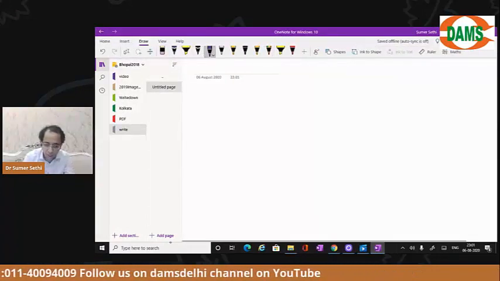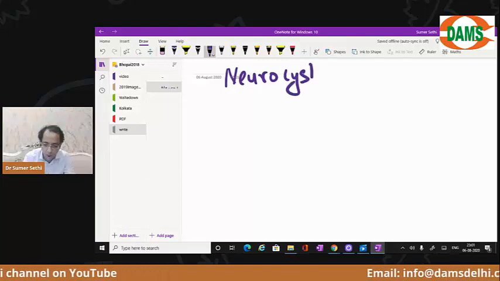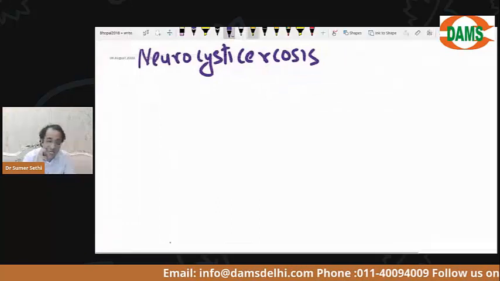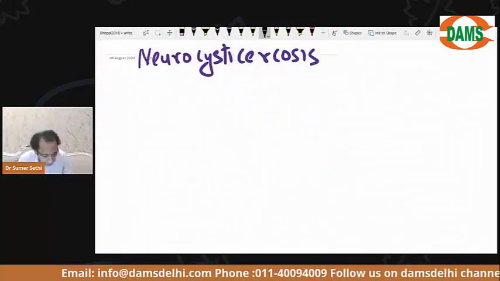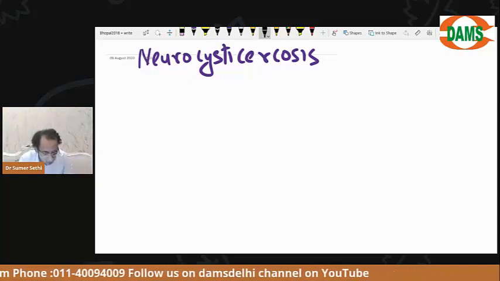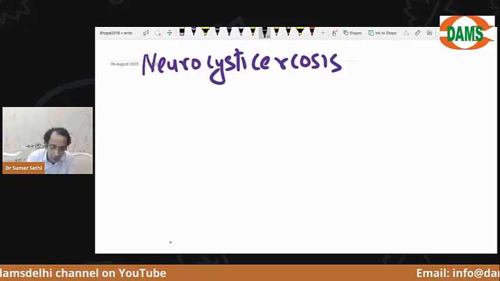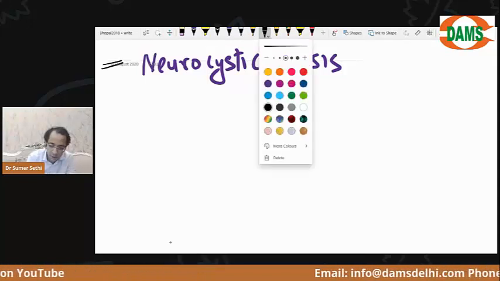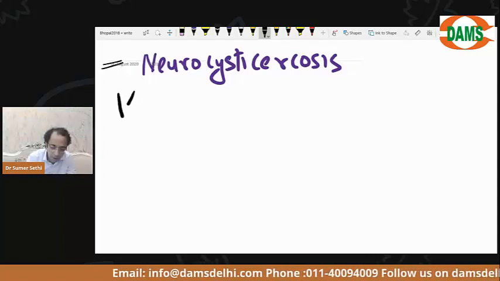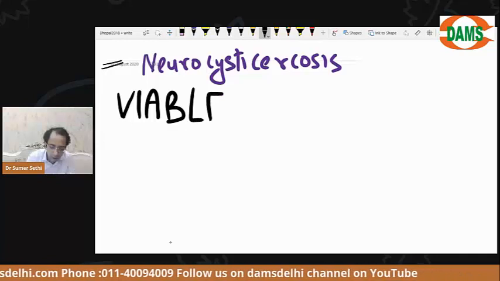Suppose I am writing a parasite which has gone to the brain: neurocysticercosis. Initially, children, don't be afraid of it. It would be written in the question paper that it is a contrast enhanced study. Now tell me, neurocysticercosis, initially when it reaches the brain, it is viable.